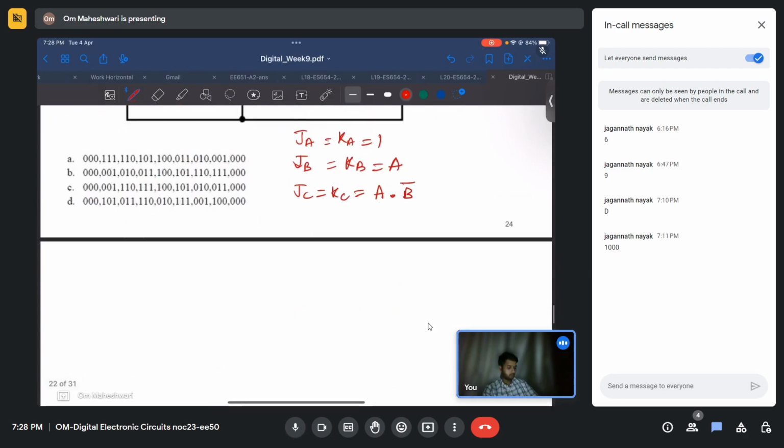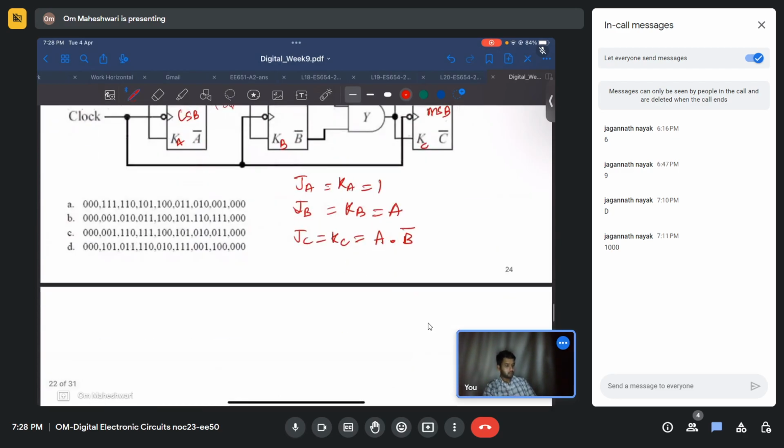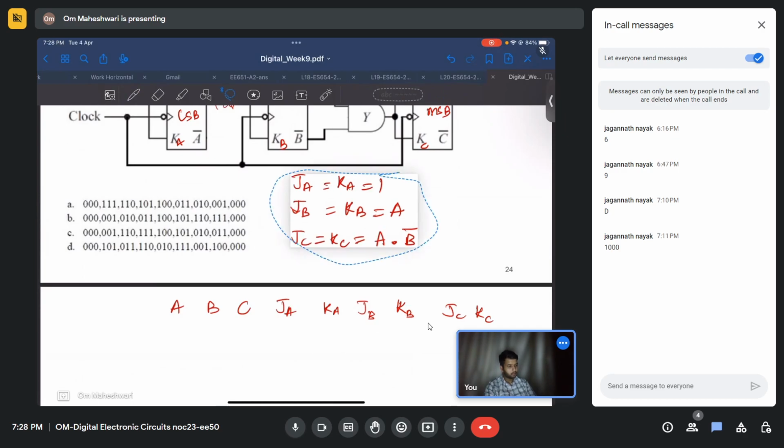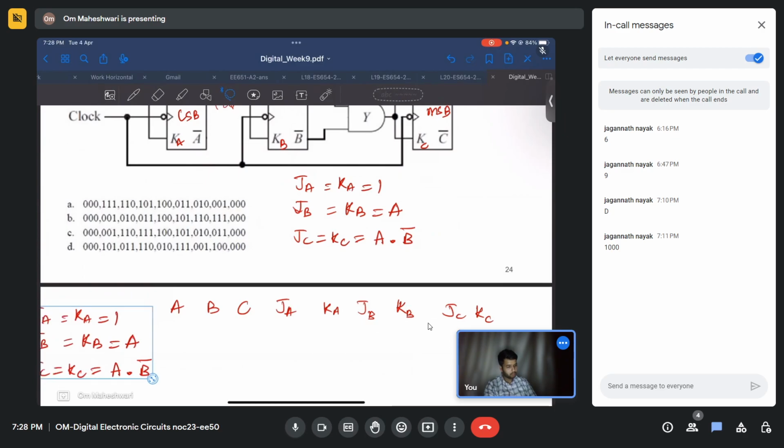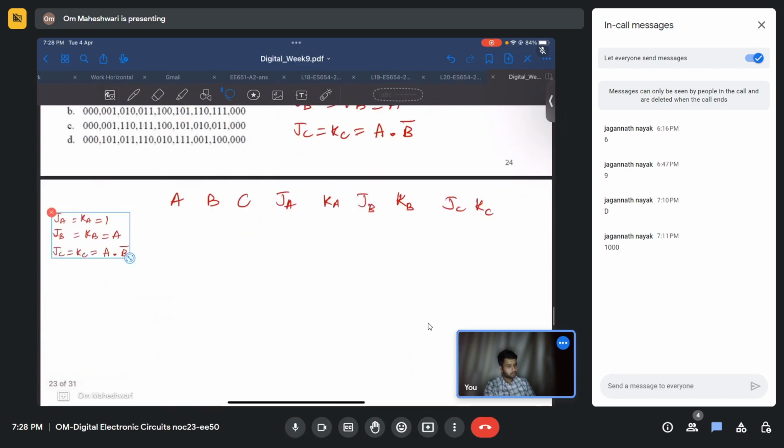So for this, let us make a table: A, B, C, J, K, JB, KB, JC, KC. Let's copy it here. Okay.